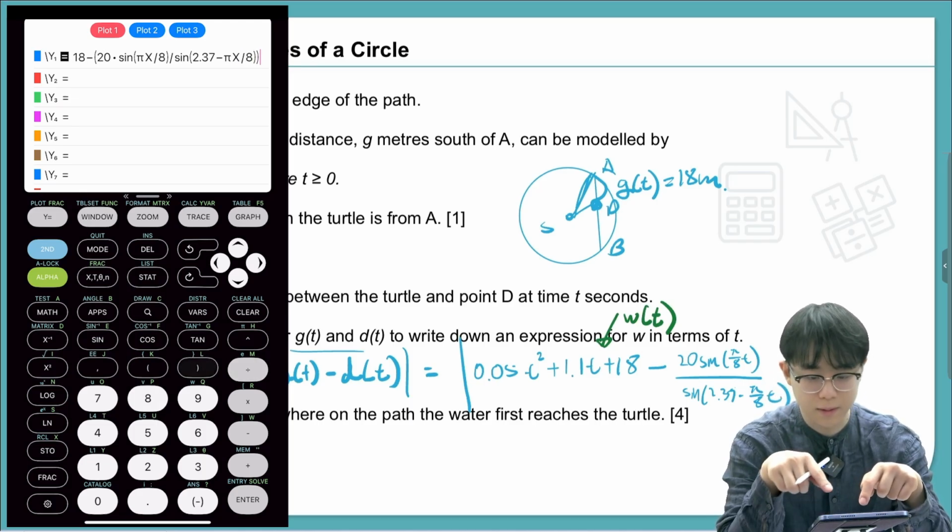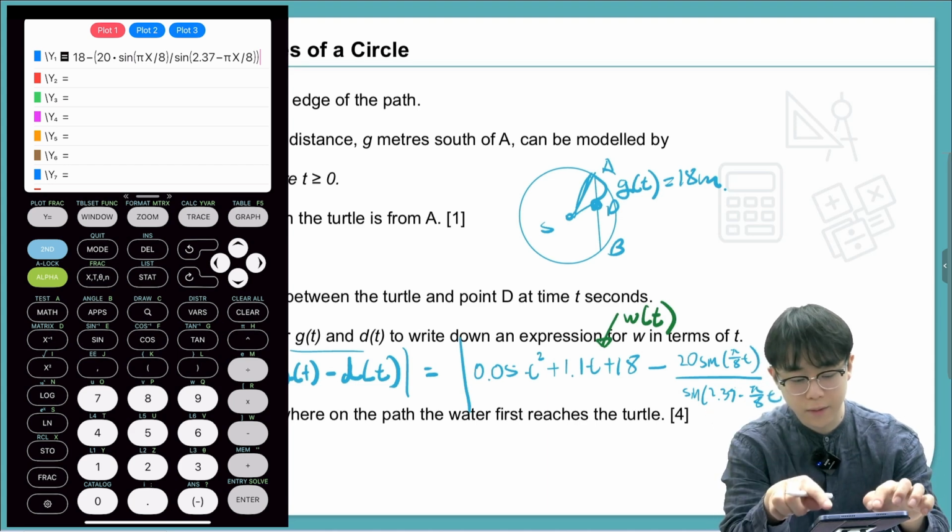Close brackets, close brackets. And we also want to make sure that this is in radians.